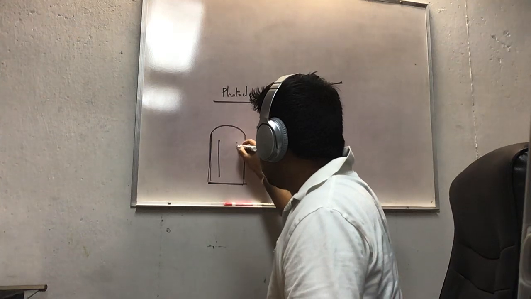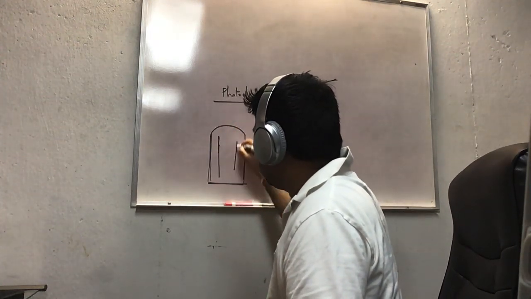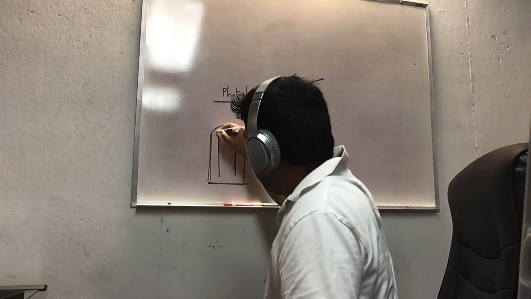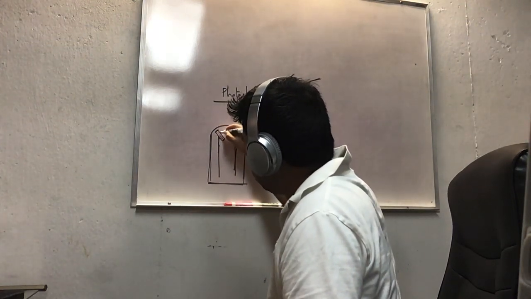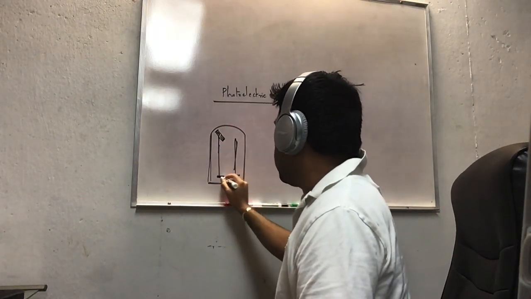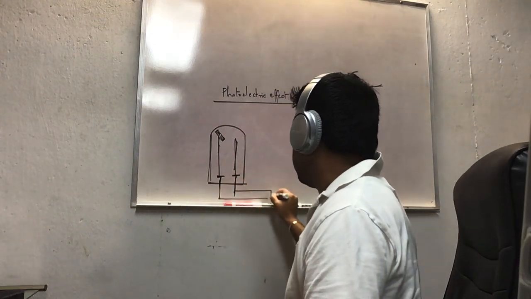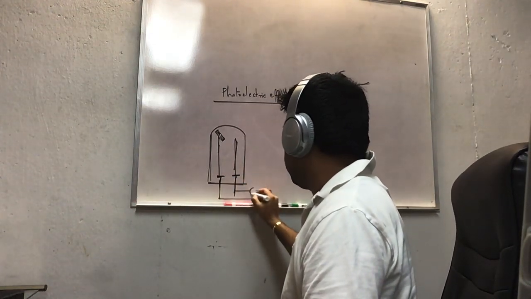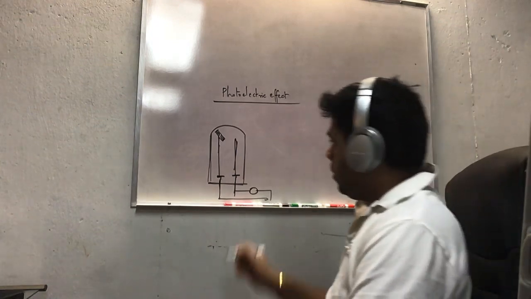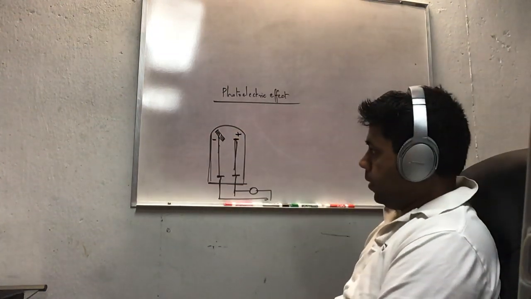Then he took 2 electrodes. On this electrode, he had a metal surface, a metal piece. And this was, of course, connected to the voltage. This was positively charged, this was negatively charged.